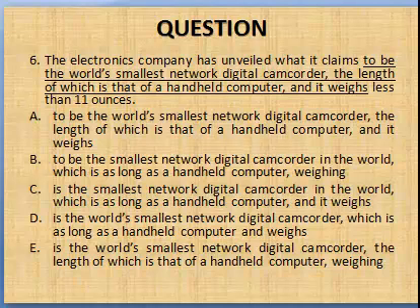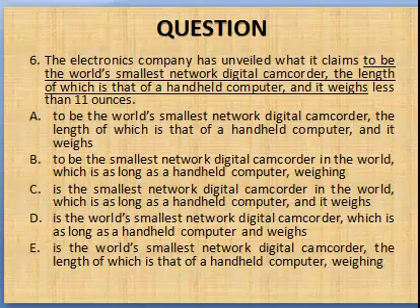E becomes wordy and awkward, and D seems to be better. Let's look more into D. Is the world's smallest network digital cam recorder, which is as long as a handheld, used in the right way, and weighs less than. So we cannot use weighing or other words. So D becomes our best option here.